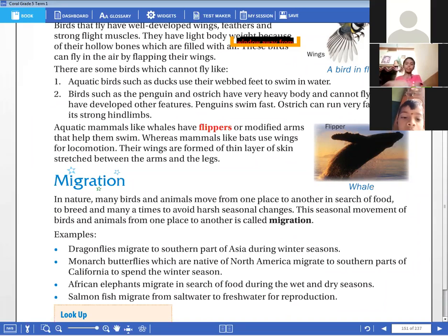Even humans also migrate, because whenever our relatives are settled in a foreign country like America, USA, Australia, they say to the neighbors, we have migrated here from India. Means we came from India to here and we settled here. Migration is nothing but leaving a place and settling somewhere else.